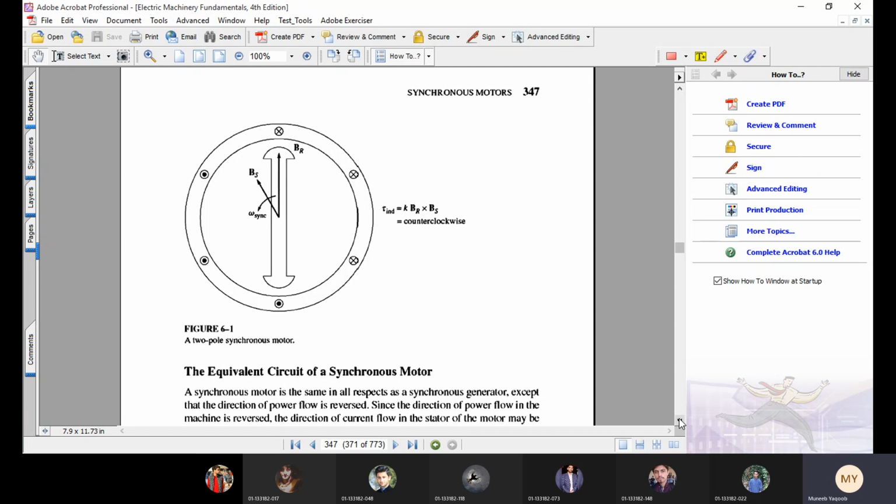Why? Because this capacitor was responsible for providing the initial torque, to start the machine as a two-phase machine. Later on, the capacitor may be removed from the circuitry.